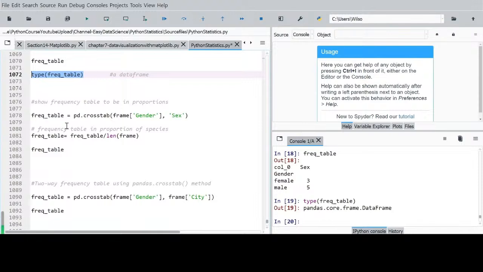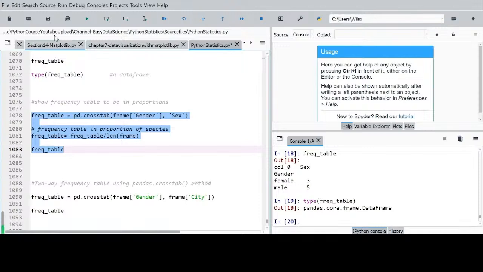So if we want to show results as proportions, you can use the result of the frequency table divided by the length of the data frame. So for example, we create it with the crosstab function, then we divide it by the length of the data frame.